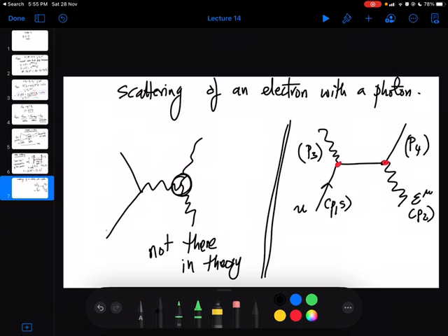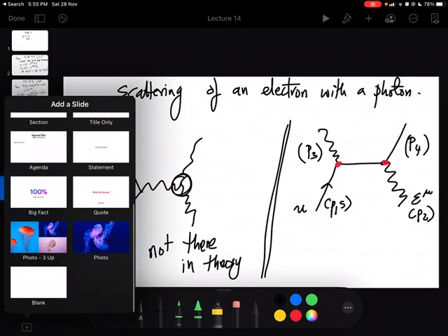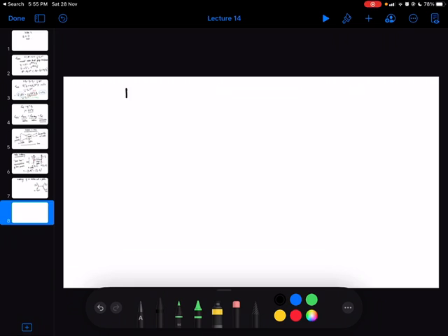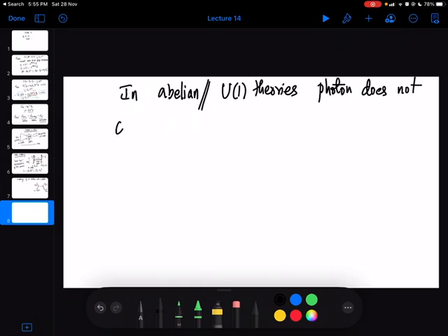Photon doesn't couple to photons. In abelian theories, this is one of the main important rules. I'll tell you what I mean by abelian theories, but just take it for now. In U1 theories, we'll come to abelian and non-abelian a bit later when we do the group theories. In abelian theories, the photon does not couple to itself.